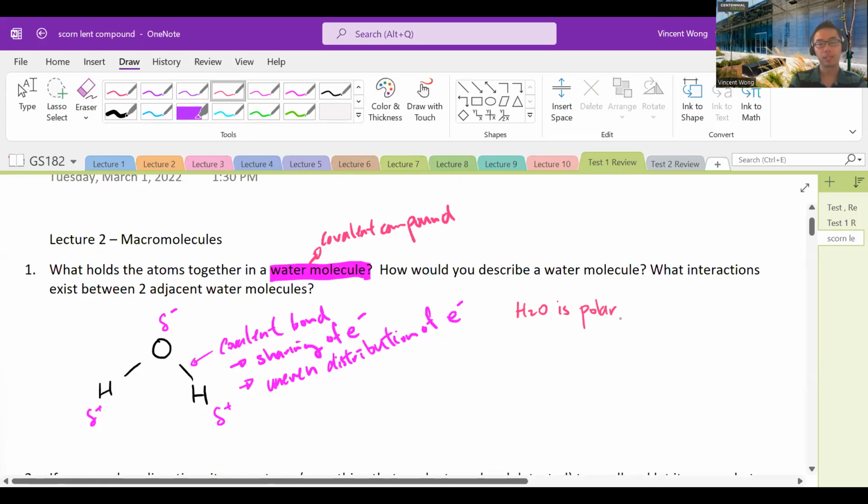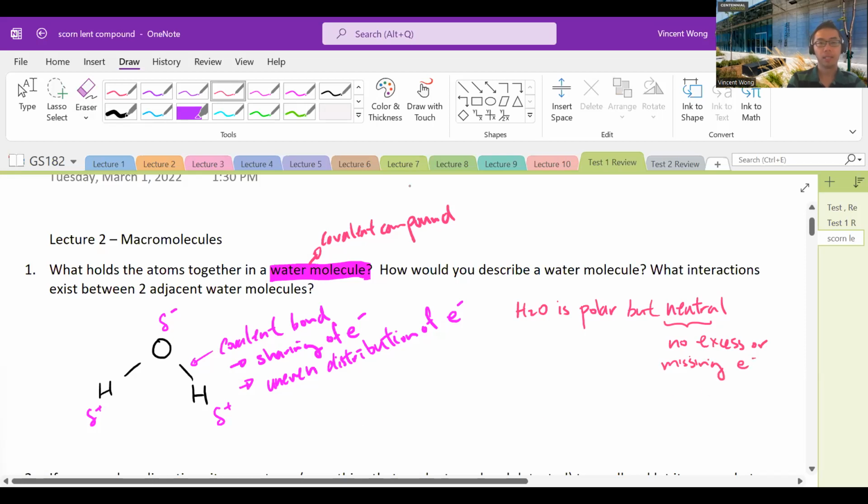But it's important to distinguish the difference between polar and charged. Charged means you actually have extra electrons, or you're missing electrons. In this case, the water molecule has an equal number of electrons and protons. It's simply polar, meaning one part is slightly negative, the other part is slightly positive. But overall, the molecule is neutral, so no excess or missing electrons.